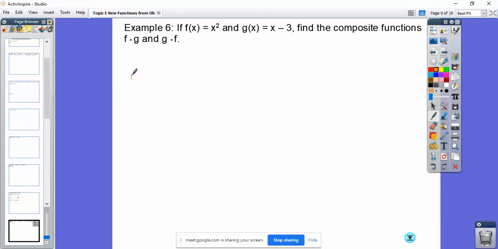If I want F composed with G, that's the same way as saying I want F of G of X. So you start on the inside. What is G of X?